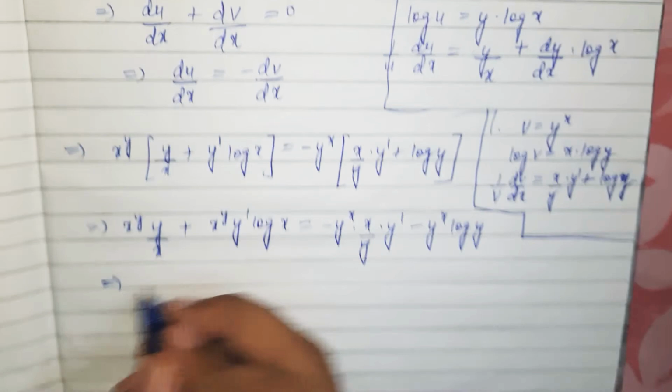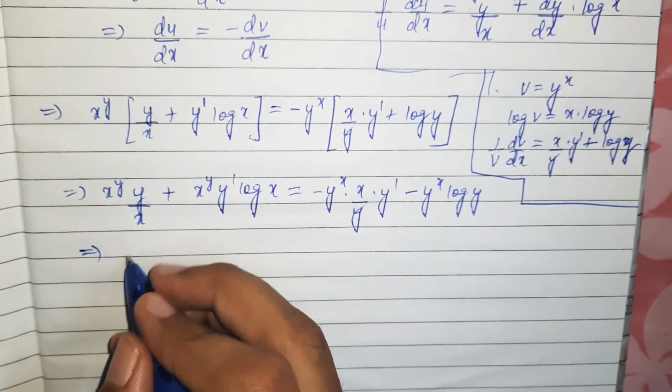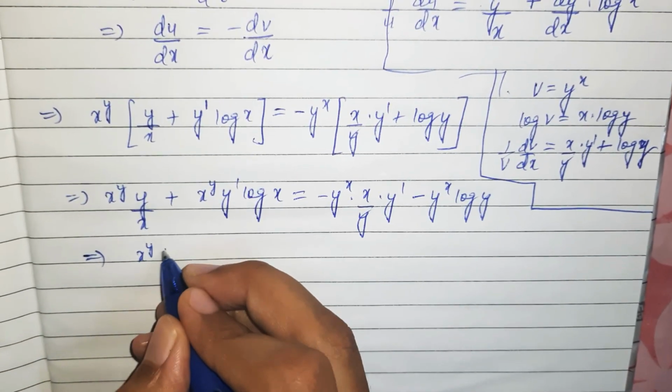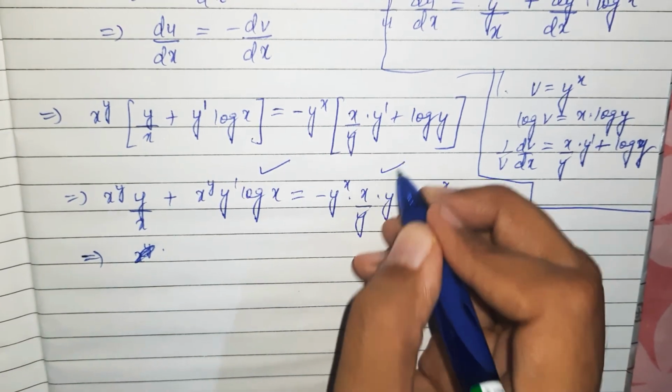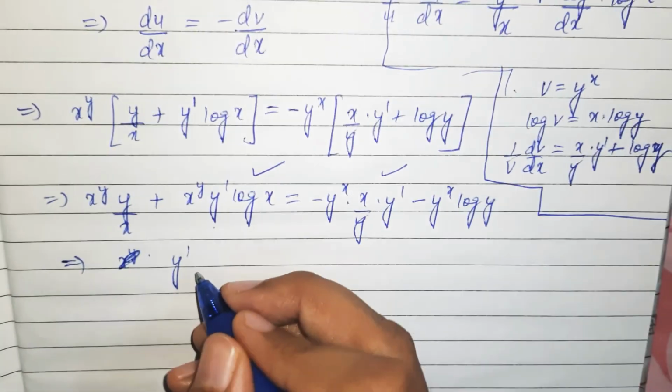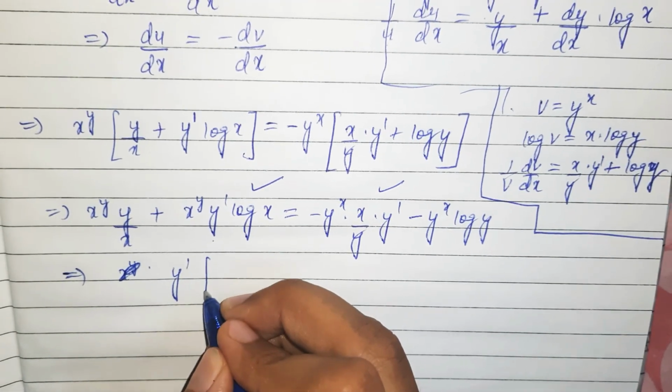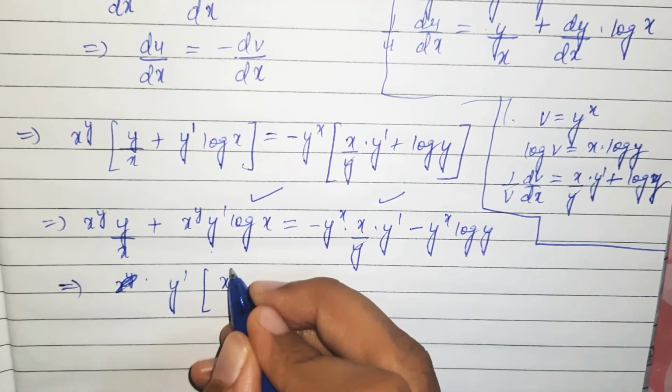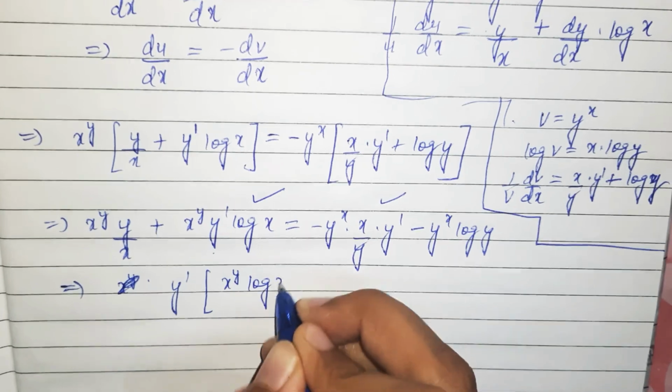Now take the y dash terms together. So this term and this term will come here, and this will go there. So I am getting y dash common. So what am I getting? y dash common as x to the y log x.